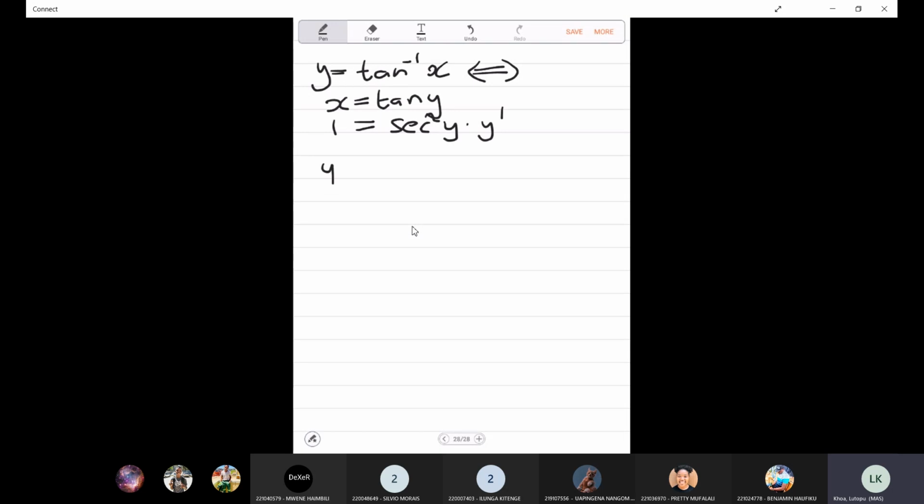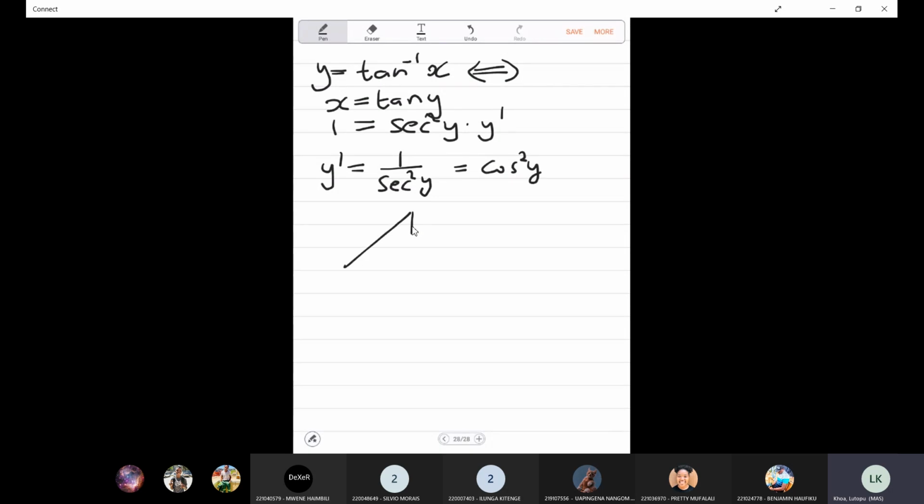So y prime is equal to 1 over sec squared of y. Okay, and we know that 1 over sec squared is equal to cos squared. So this is just cos squared of y.